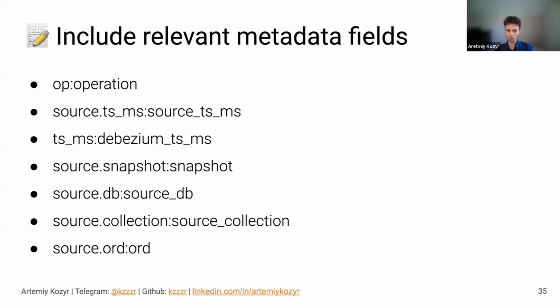Then it's about Debezium timestamp, when Debezium captured or read this log entry. And the difference between these timestamps could be the latency of your pipeline. Then it's about the flag which indicates whether it was a snapshot read, which source database this is, which source collection this is, and a useful thing about order.